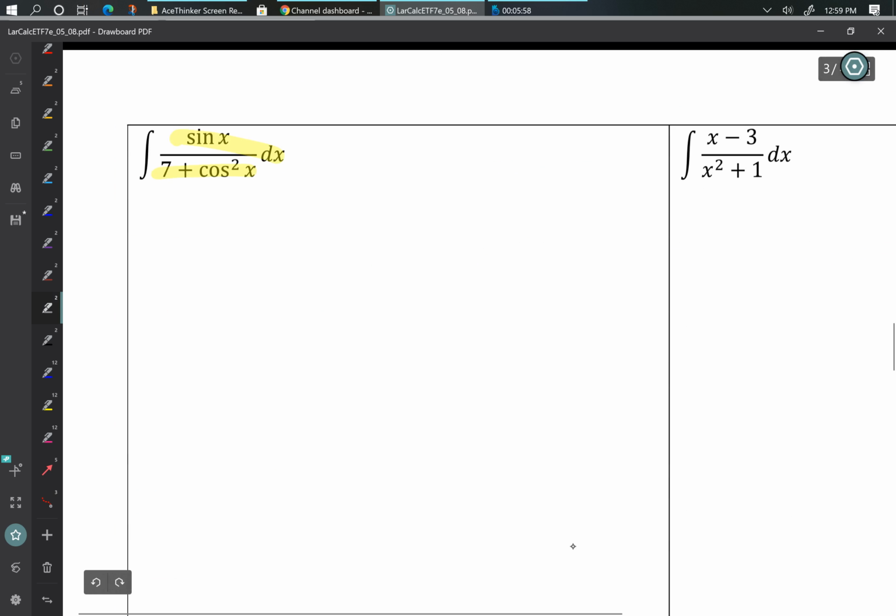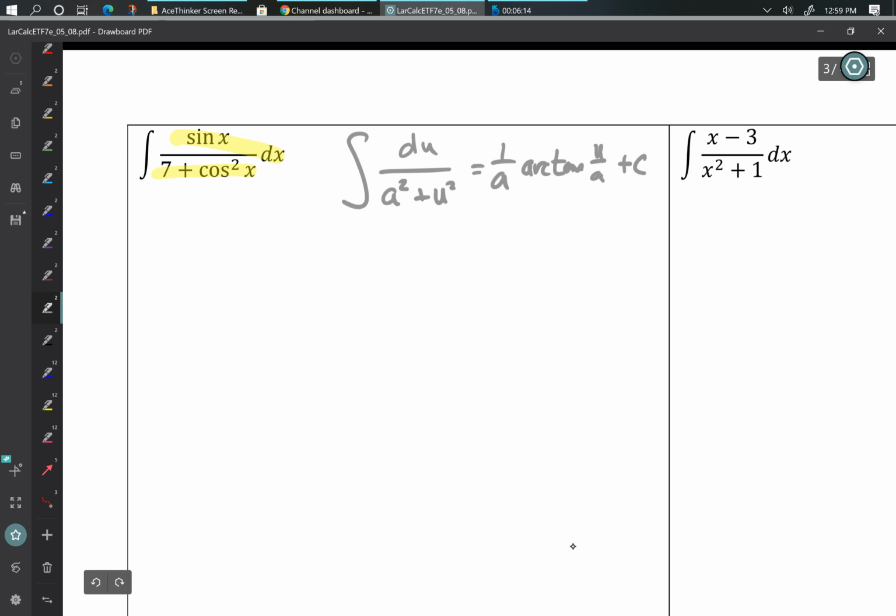So if I'm making the argument that I'm looking at du over a squared plus u squared, which is going to be rewritten as 1 over a arctan u over a plus c, then 7 plus cosine squared better be a squared plus u squared.